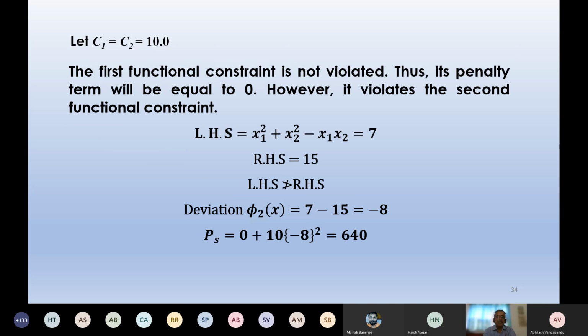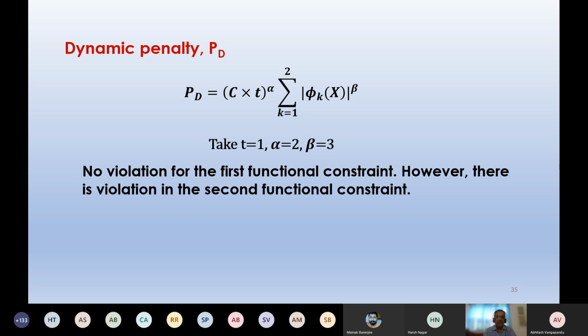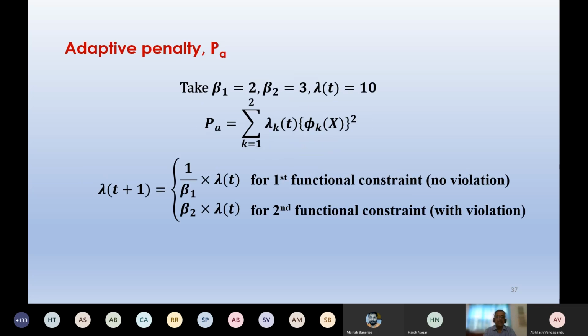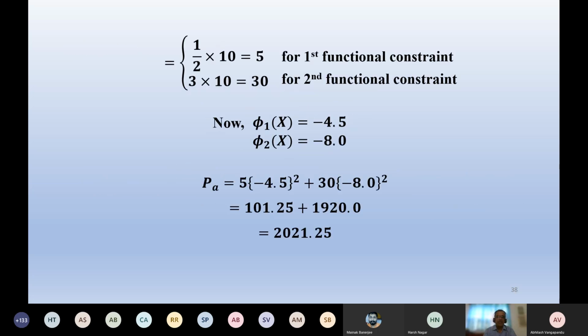Here I took left hand side minus right hand side. You can also use right hand side minus left hand side. There is no problem, because I'm considering either the mod value or the square value. So these are all the deviations between the left hand side and the right hand side.